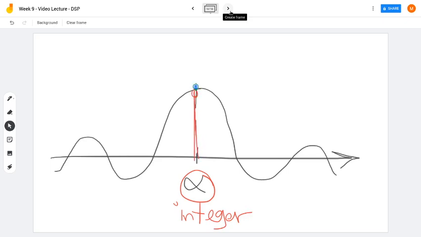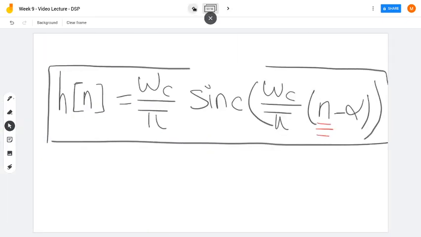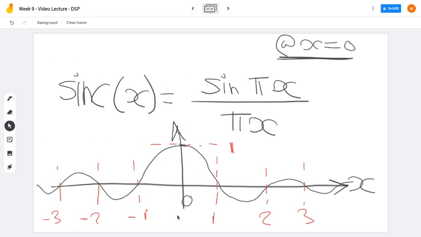And as you can see over here, the sinc function is a symmetric function, symmetric around this peak. If we go back over here, it's symmetric around 0, it's an even function.